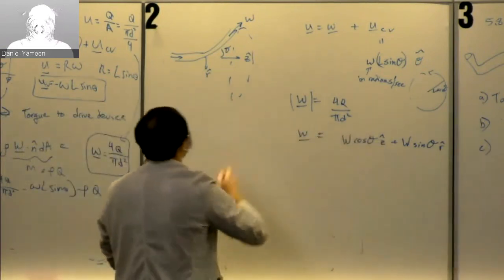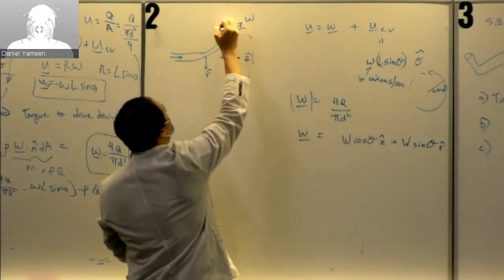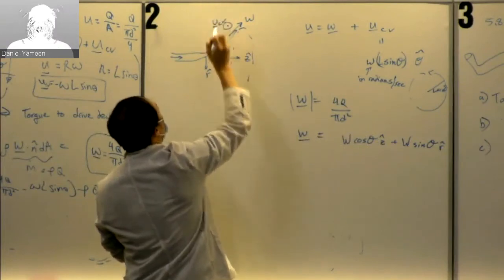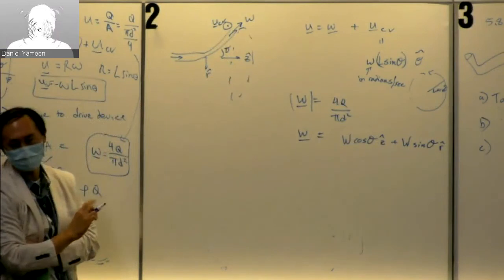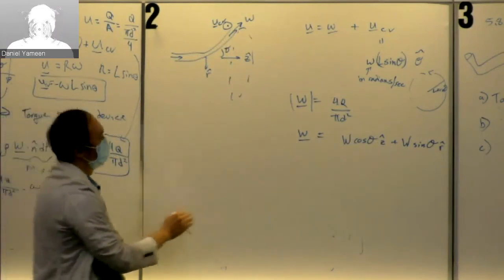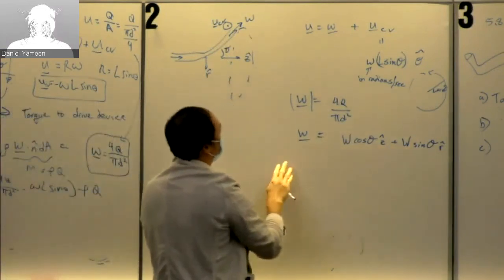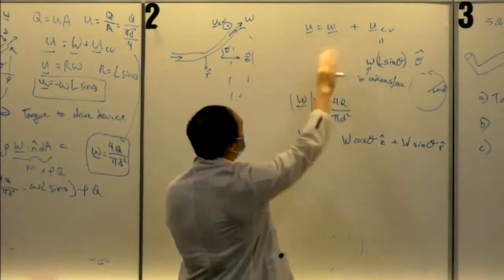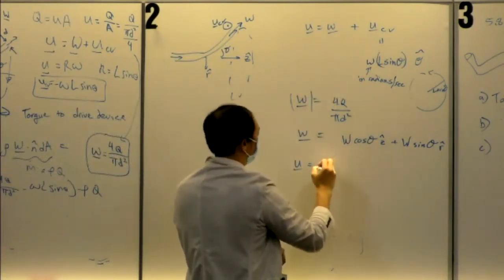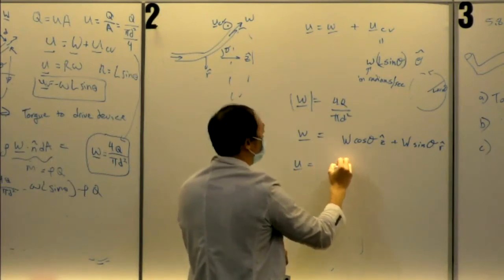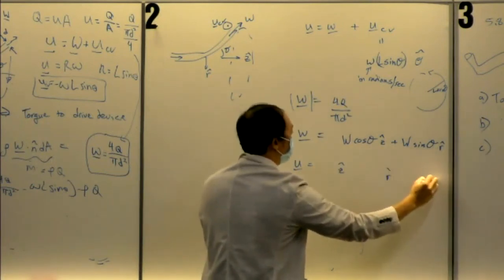UCV would be going in because the whole thing is spinning. Oh, and here's the part that I think is why the solution is right, because U is equal to the sum of those two. So if we add that all together, we basically got a z hat and an r hat and a theta hat.